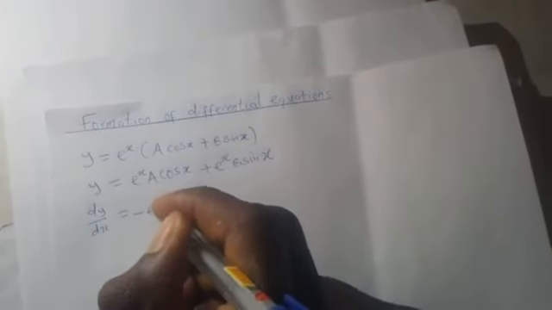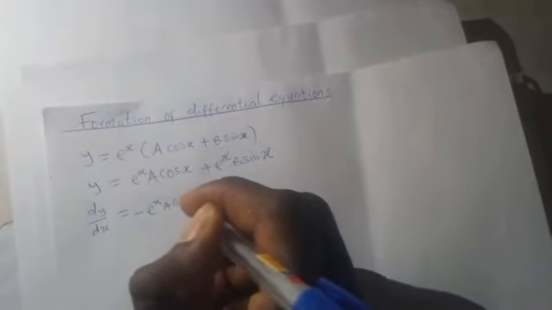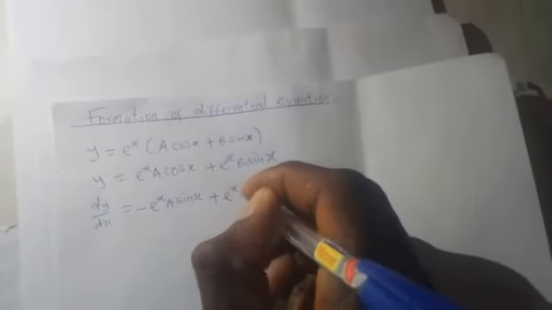If I keep e^x constant and differentiate a cos x, I'm going to have negative e^x a sin x. Now I keep cos x constant and differentiate e^x, so I'm going to have positive e^x a cos x. Now I do the same thing on this side.